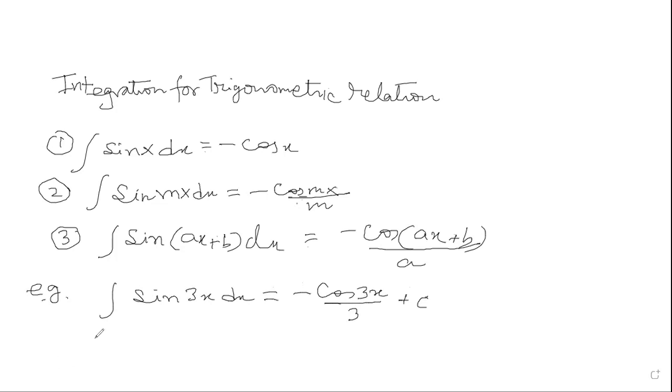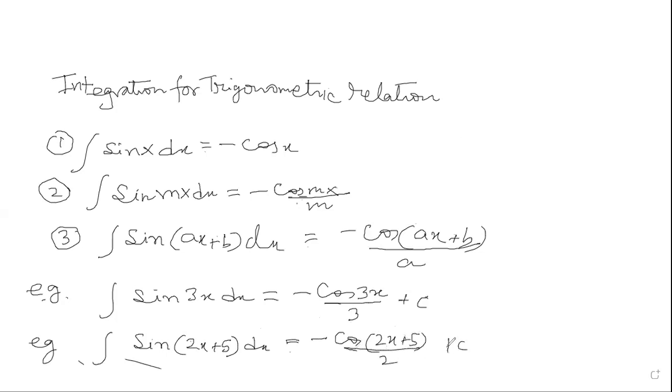Now if I give another example, like sin(2x plus 5) dx, the answer will be minus cos(2x plus 5) as it is, divided by 2. Why 2? Because if we look at formula number 3, here a is 2. So these are the formulas of this type.